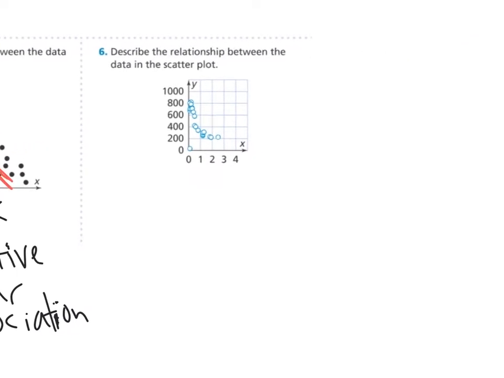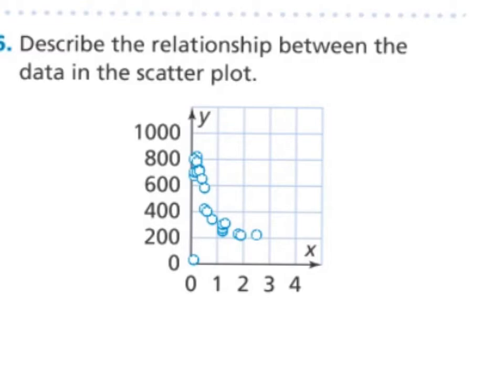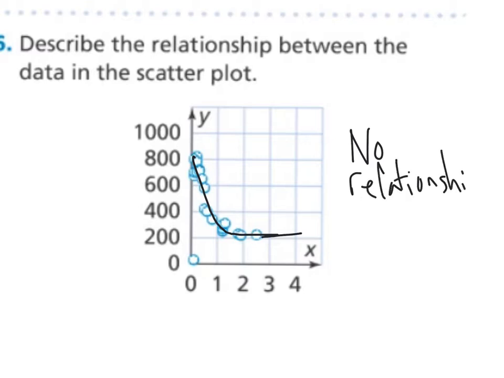Number 6, trying to get a relationship there. Starting out, it looks like we're going to have a negative relationship, but then this end part, it's kind of leveling out. And so that one would probably be, we could say, no relationship. And we could say nonlinear.